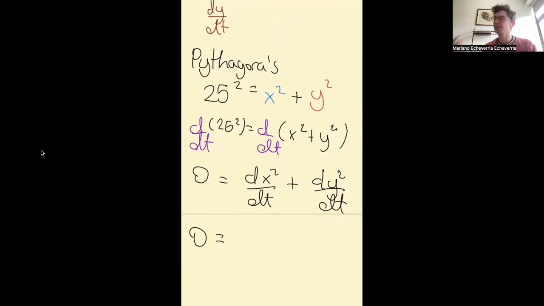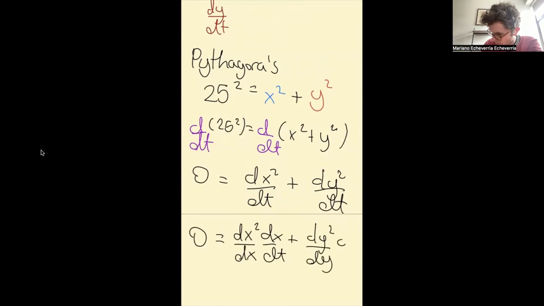You should get used to this. It's always some sort of chain rule problem. You apply the chain rule with respect to whatever you find useful. What's useful here is to take the derivative with respect to x, so that's why I'm multiplying and dividing by dx.